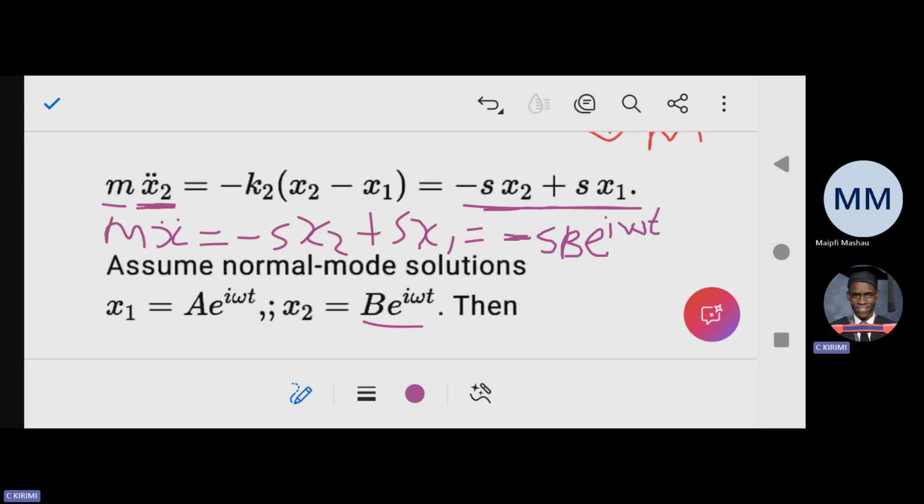And then you are also having plus s x1, which is A e to the power i omega t. There should be an s first.